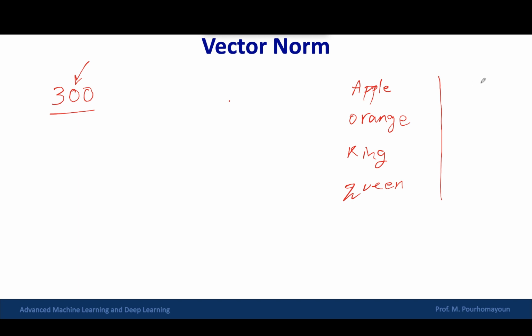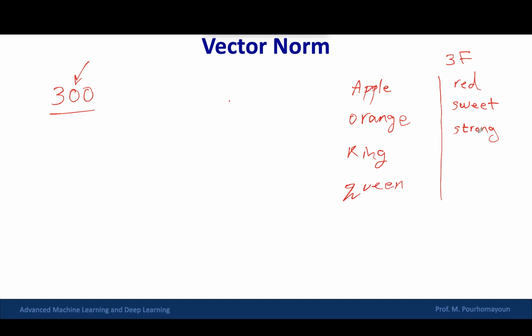Let's say the color, I select a color, for example, red. And the other one is a taste, for example, sweet. And another one is something about strong or powerful. So these are 3 features.